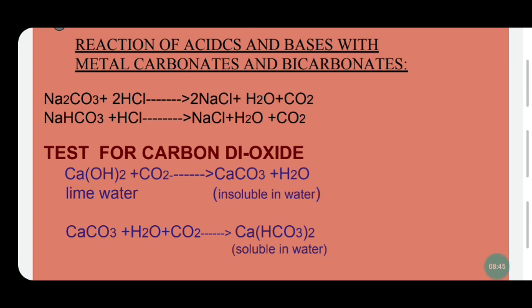Whenever you are testing a gas with a lighted matchstick, if the matchstick extinguishes, the gas is carbon dioxide. So, acid plus metal carbonate: three products form. Metal salt, carbon dioxide and water.